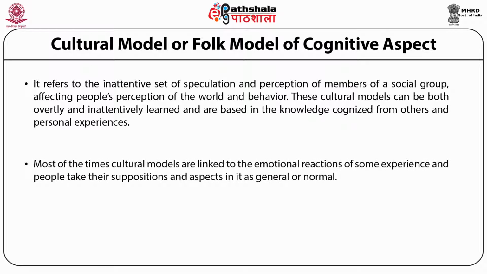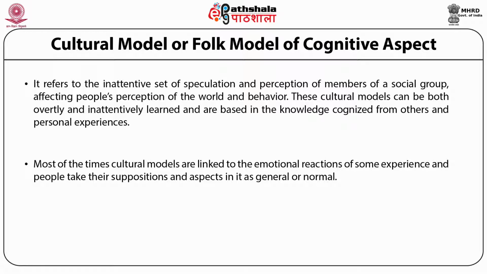Most of the time, these cultural models are linked to emotional reactions to some experience, and people take their suppositions and aspects as general or normal. One member reports an experience with one plant or animal or object in nature; though it is personal, if he shares it with other members, that experience becomes general and normal.